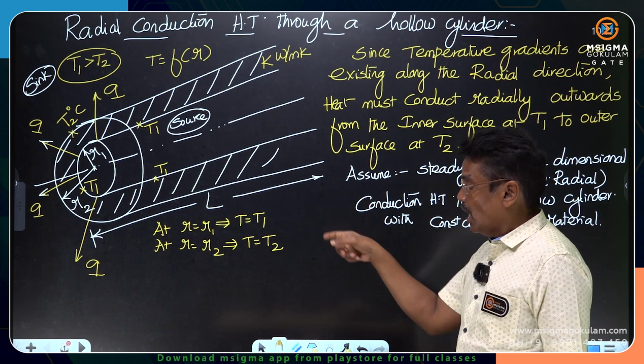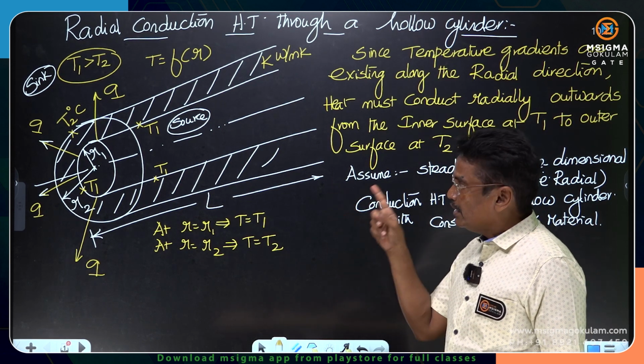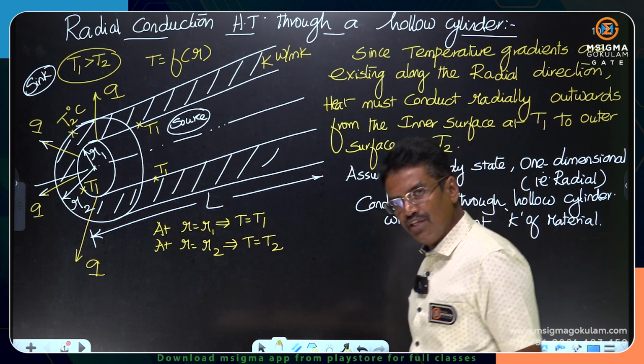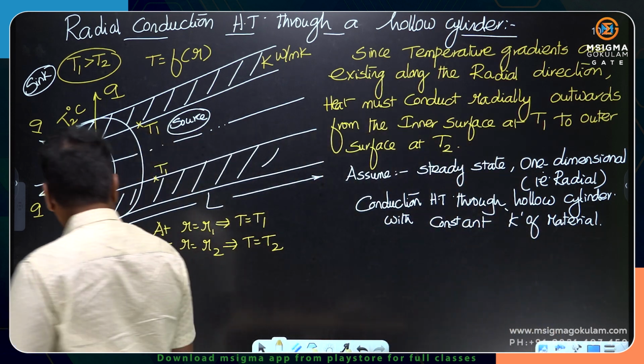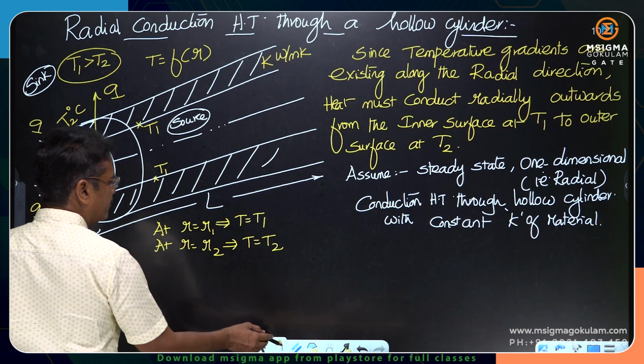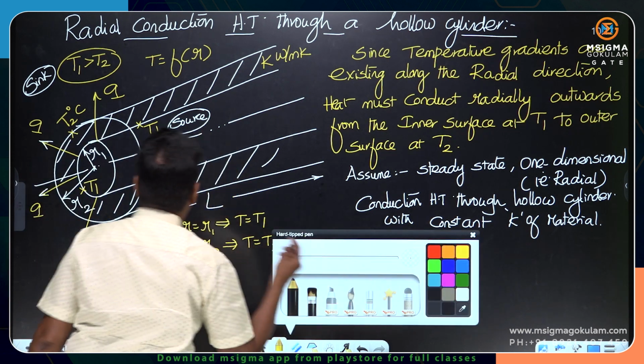Here in this case, unlike in case of the slabs, the area of conduction heat transfer changes in the direction of the heat flow. We can clearly see that this is the direction of the heat flow.